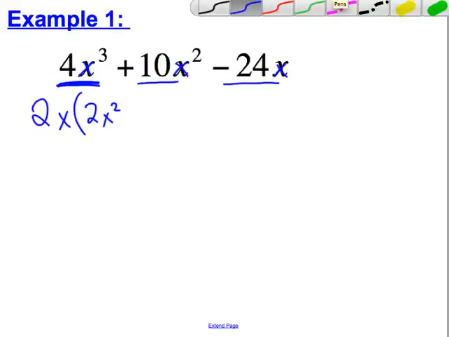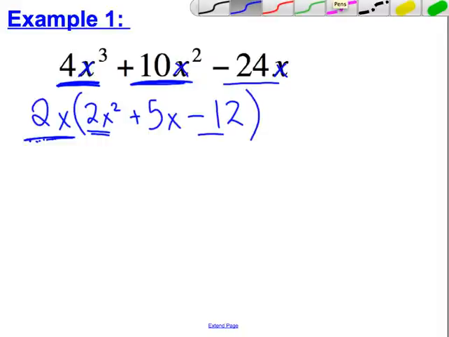So I'm thinking about what number times 2x will give me 4x to the third. And I'm going to keep doing that for each term. So 2x times 5x will give me 10x squared. And then it'll be a minus 12. Because 2x times negative 12 will give you negative 24x.